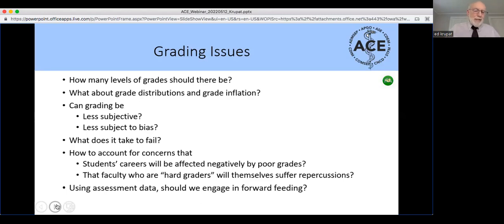And then perhaps the toughest is the idea of forward feeding. And that is, if we identify a student in his or her first clerkship, and we know that that student could use extra support, a little extra observation, is it right for me to go and tell the director of that student's second clerkship that this person, you should watch a little more closely, you should help?